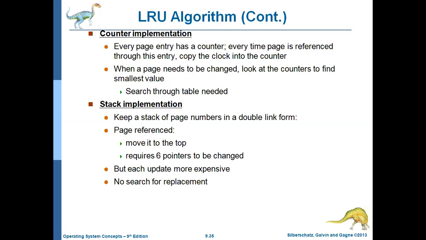Because this requires removing objects from the middle of the stack, a doubly linked list is the recommended data structure. For example, you keep a stack of page numbers in doubly linked form. When a page is referenced, move it to the top. This requires 6 pointers to be changed, so each update is more expensive, but there is no search for replacement. I'll show these things in the next slides with an example.